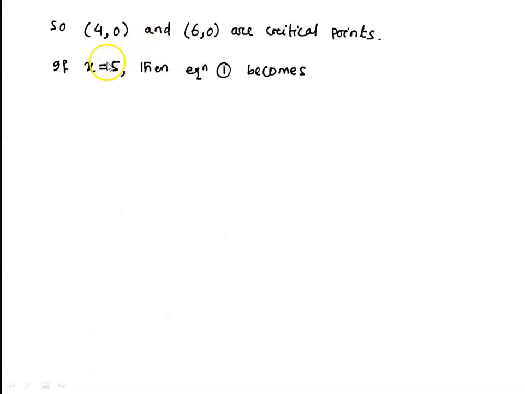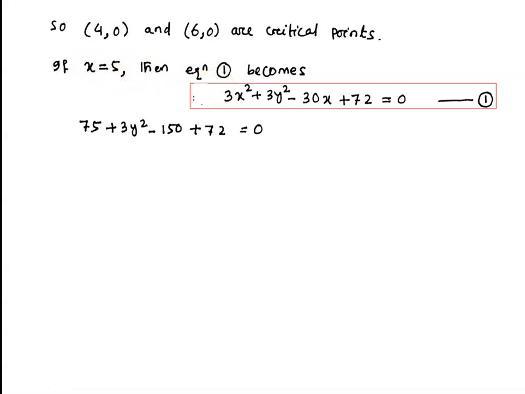So if x is equal to 5, then from equation 1 we get 75 plus 3y square minus 150 plus 72 is equal to 0. Because x is equal to 5, x square is 25, into 3 is 75, plus 3y square, minus 30 into x, which is 5.